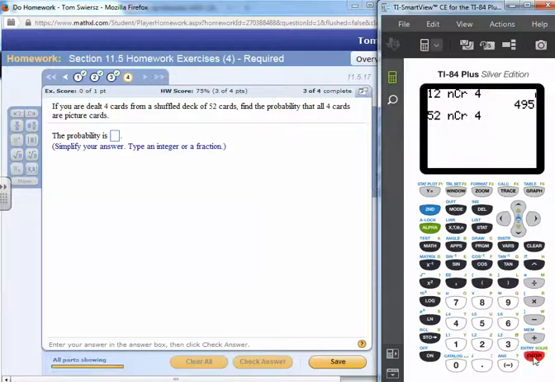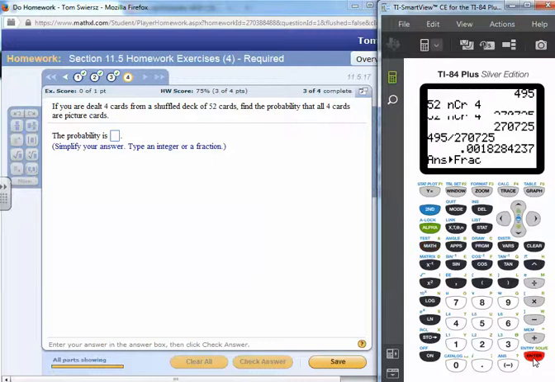Selecting 4, 52C4 is 270,725. Well, they're both divisible by 5, right? So we know it's going to reduce. Let's use the calculator to do it. 495 divided by 270,725, and we get the decimal.